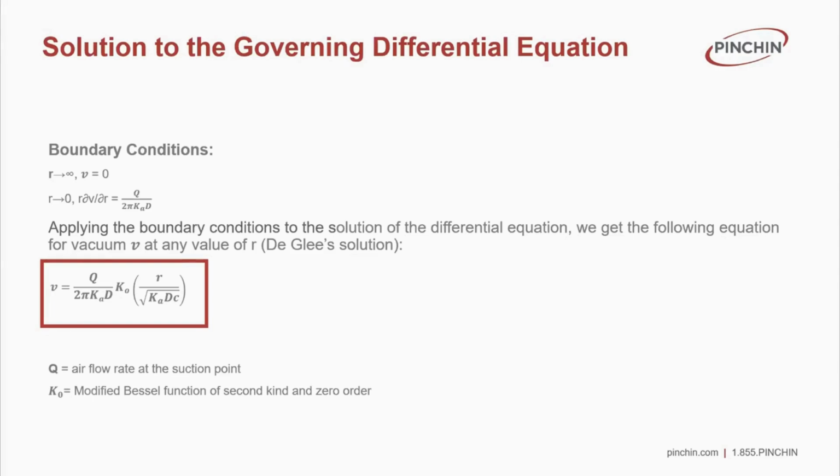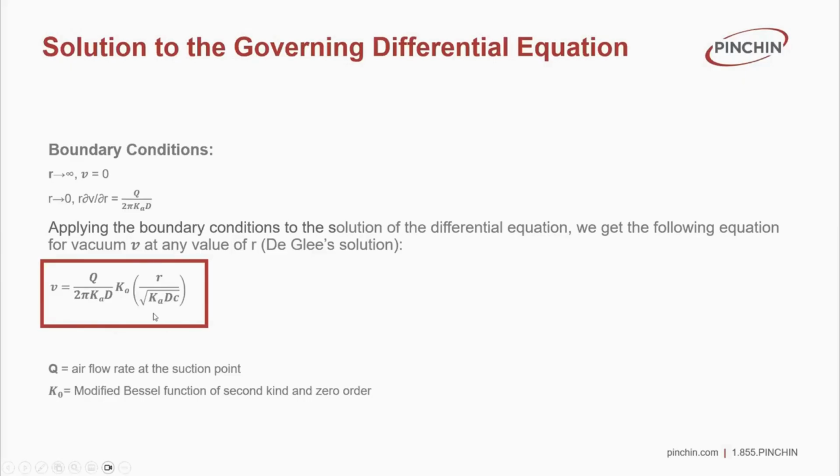Knowing that boundary condition far away and at the vent riser, you can come up with a solution. This is the famous Dagan solution: vacuum can be expressed as a function of distance. That means at any distance you can describe this vacuum, knowing the flow or the extraction rate at the vent riser.